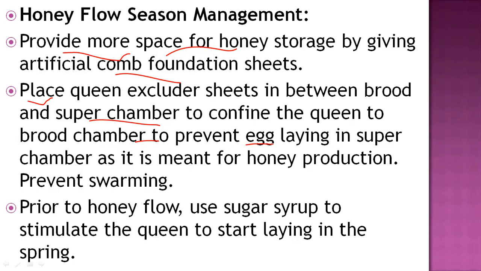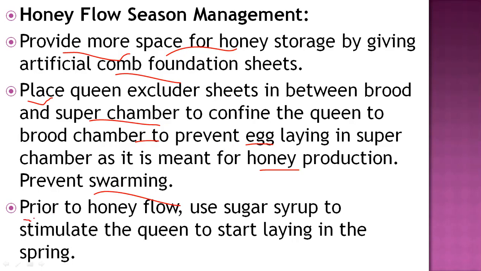For that purpose, the queen excluder sheet is required. As I already said, it prevents swarming and absconding in order to get honey. That is why this practice is very helpful.